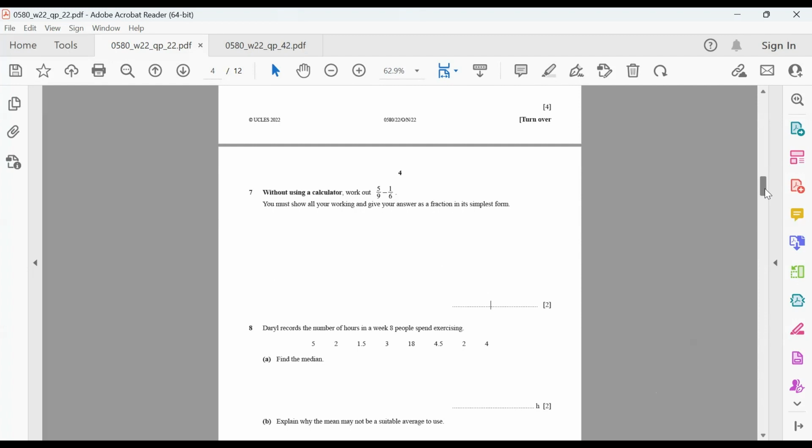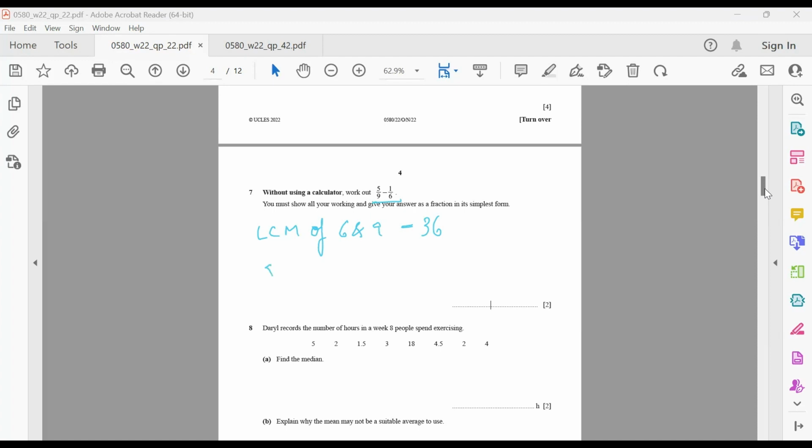Okay, so now let's look at this question without the calculator. So first we know that we have to find out the LCM of the denominator. So the LCM of 6, 9, which is equal to 36.